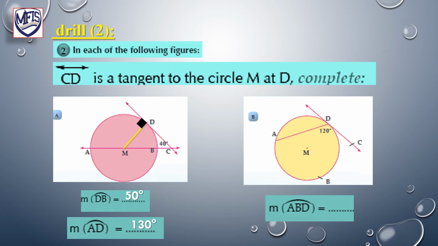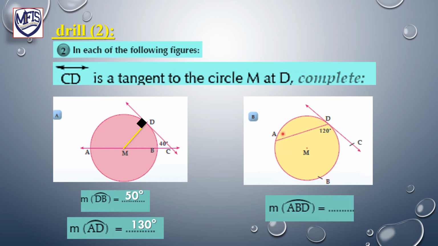Number B, he asked me to find the measure of arc ABD. Where is ABD? This arc. How to find the measure of arc ABD?